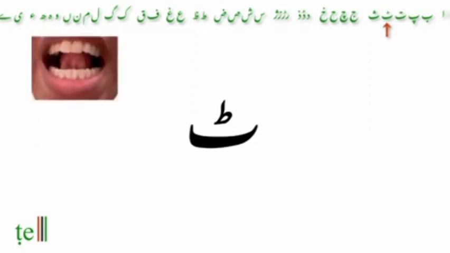With the next letter, it becomes even more important that you say te correctly, because now we have te. To make this sound, you're going to take the tip of your tongue and touch it to the center of the roof of your mouth.